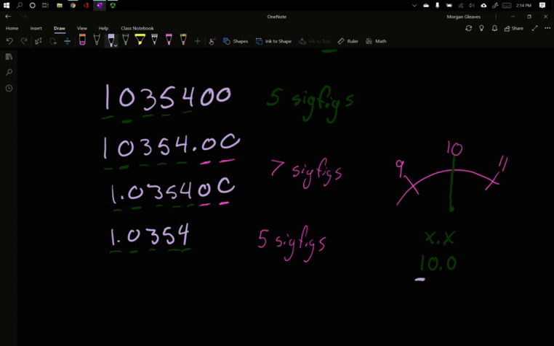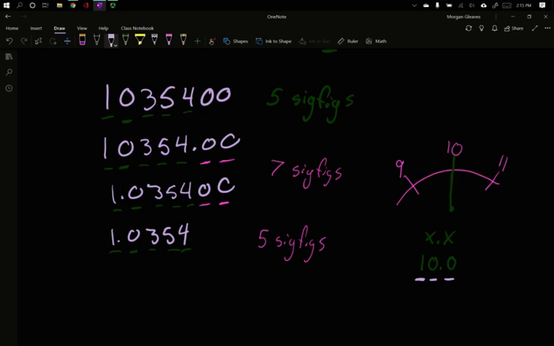Rule 1 says any non-zero counts. Rule 2, well, there's no numbers in between other sig figs. But rule 3 says one of those zeros is to the right of a sig fig and to the right of a decimal. So that last 0 obeys rule 3, which now makes that middle 0 obey rule 2.